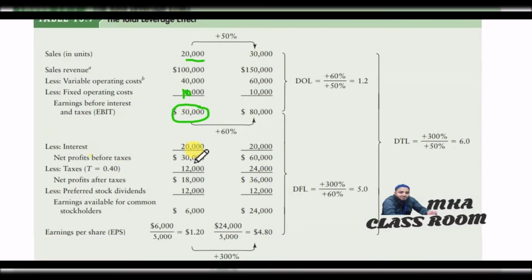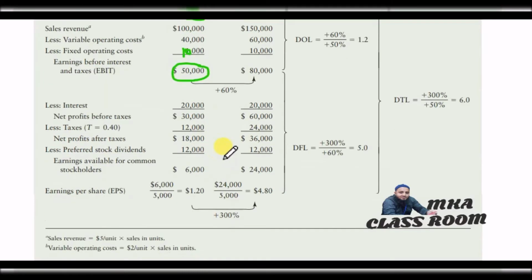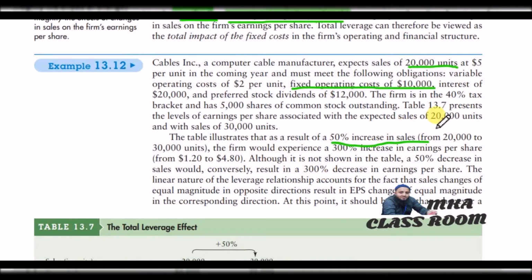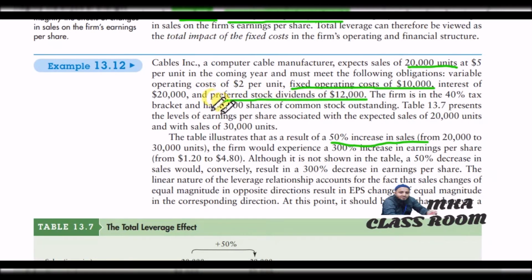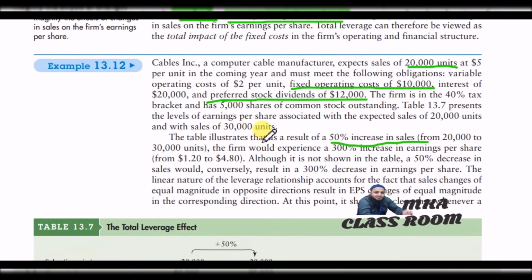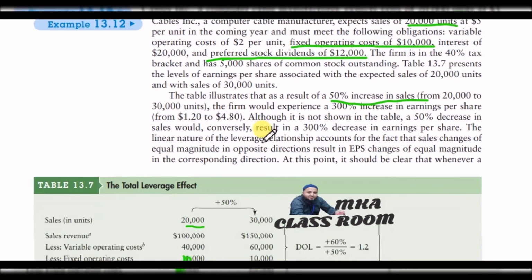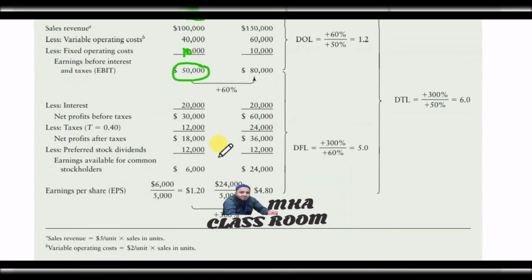Less interest 20,000, then less taxes 40%, net profit after taxes 18,000, then preferred stock dividend 12,000. I said 18,000 for the preferred stock dividend, but it should be 12,000.